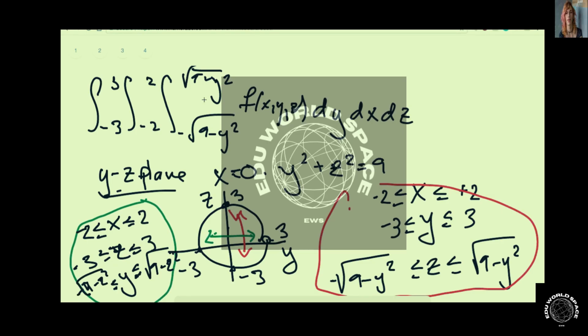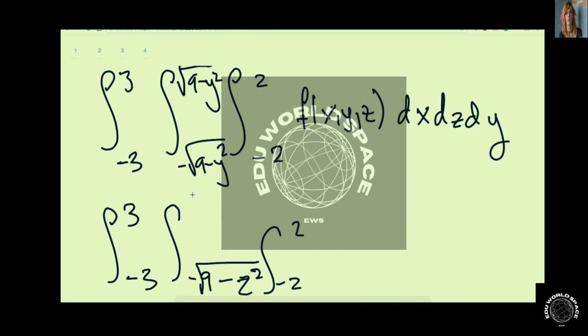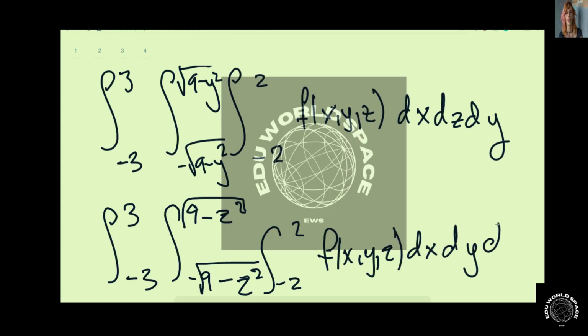So still got -3 to 3, square root of 9 minus z squared, -2 to 2, f of x, y, z, still got dx, but now we got dy, dz, and those are our six integrals.